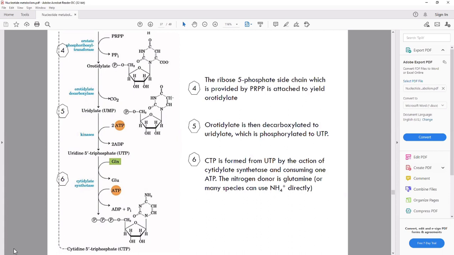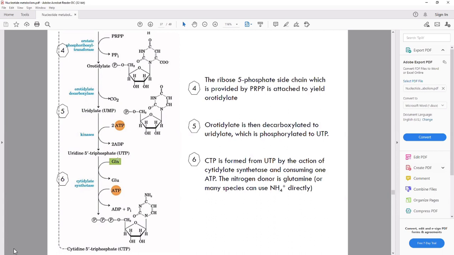We know that for purine we have adenine and guanine. For pyrimidine we have cytosine, thymine and uracil. We want these three bases in a nucleotide. In a nucleotide, uracil is present as UMP or UTP.